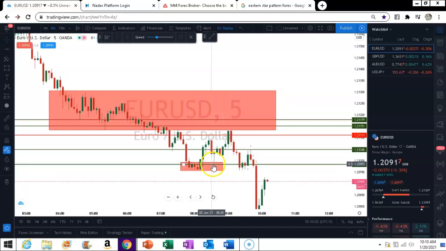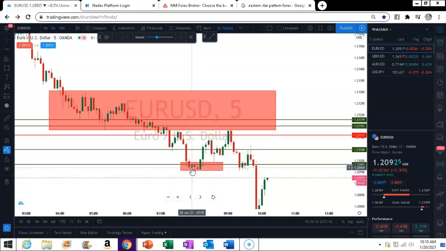Okay, so my buy limit I would place, because I'm buying, I want to buy at support. So my buy limit is going to be right here where this green candle is. My entry point is going to be right here at the open of this candle, or somewhere within that green candle.